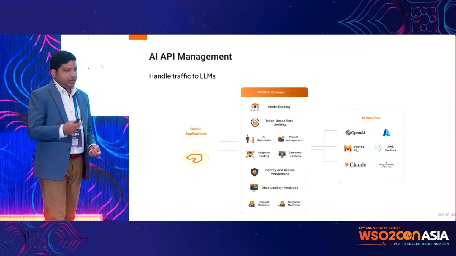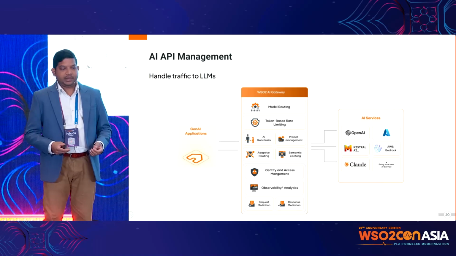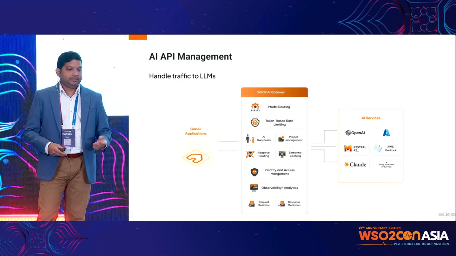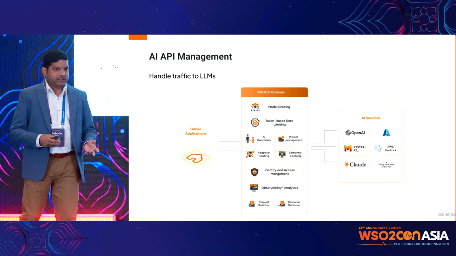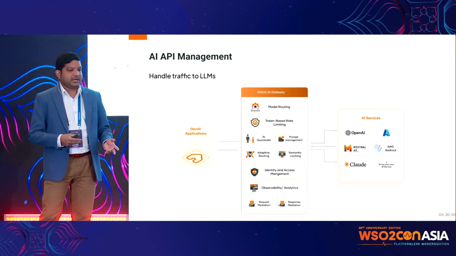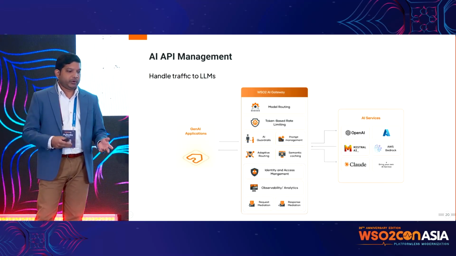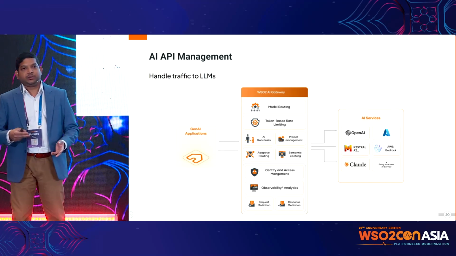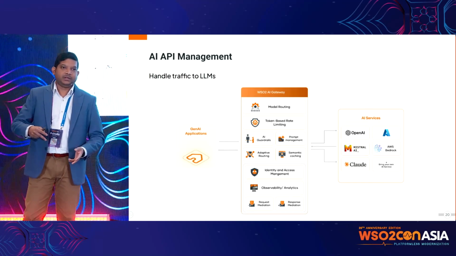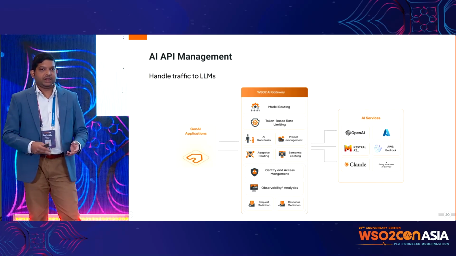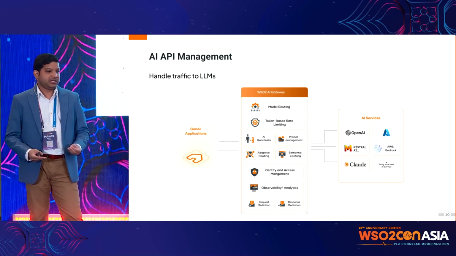Right, so coming back to AI API management, Bijira now has the AI gateway. What it does here is that you can do model-based routing. Based on the model, you can route to different regions, different data centers, and likewise different endpoints as well.